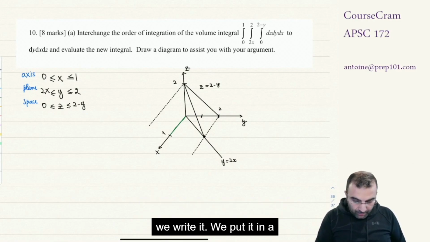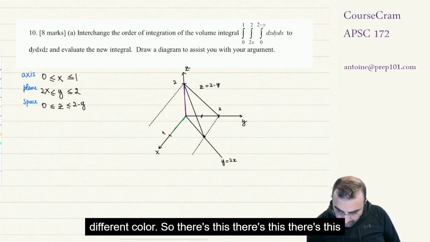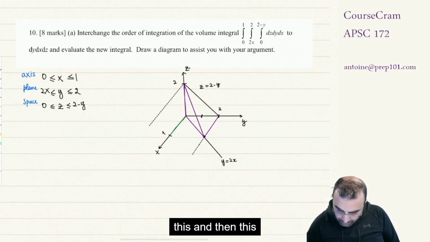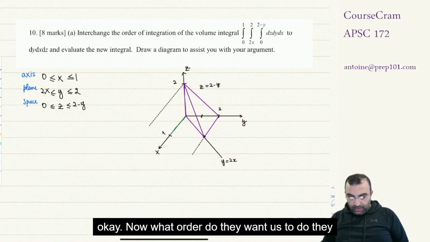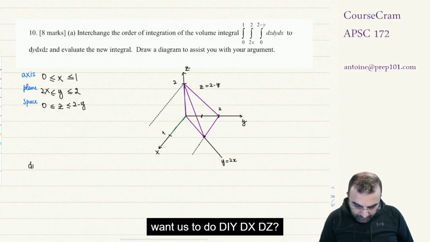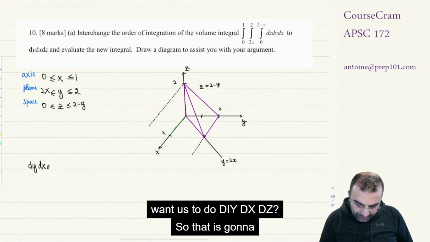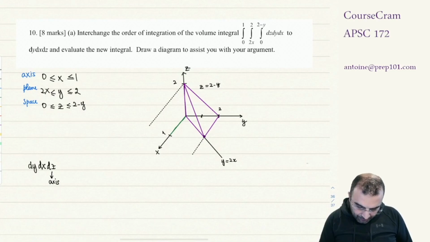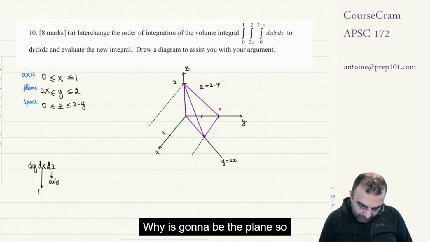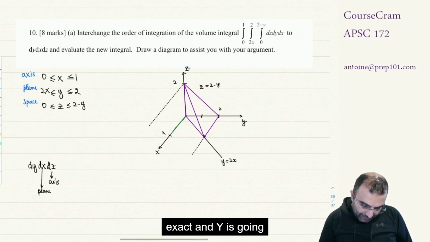Maybe we put it in a different color. So there's this, this, this, this, and then this. Now what order do they want us to do? They want us to do dy, dx, dz. So z is going to be the axis, x is going to be the plane, and y is going to be in space.